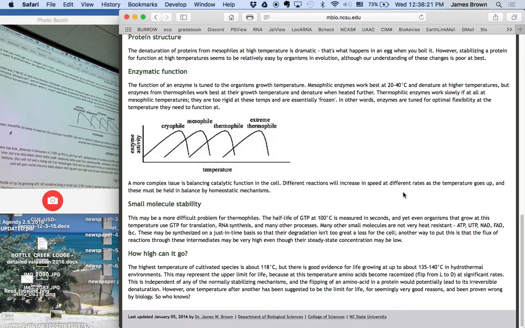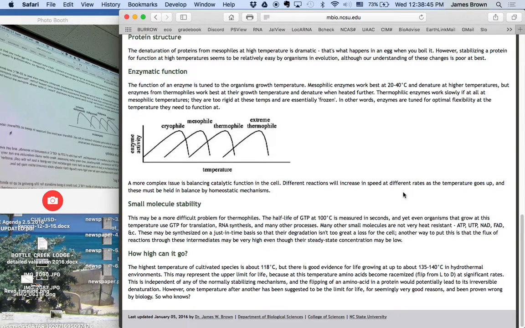I say may because although people generally agree this is a great big problem, it wasn't so long ago that nobody thought that things could live at 90 degrees because of the half-life of GTP or because of DNA denaturation. So every time someone has proposed one of these ultimate limits, it's been found that organisms have a way around it and can grow at higher temperatures.